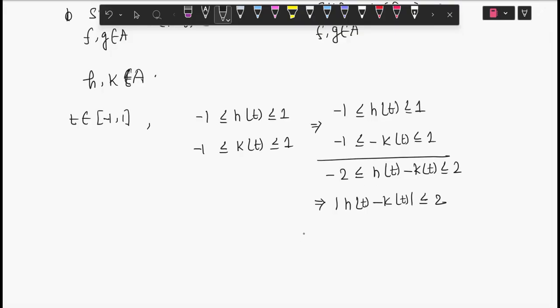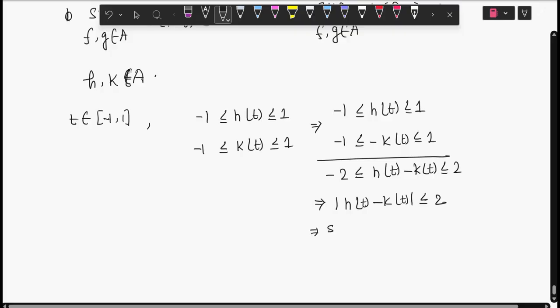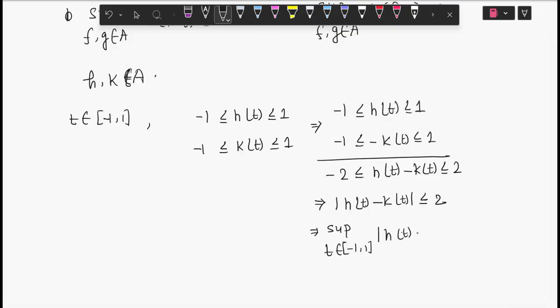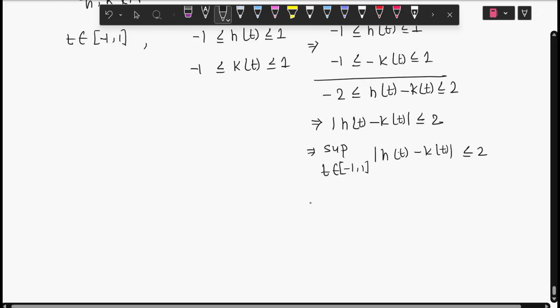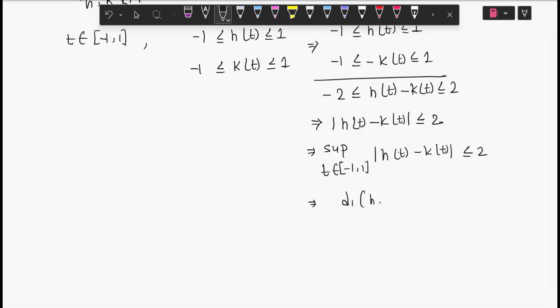Now if we take the supremum of t belongs to -1 1, h of t minus k of t, that is also then less or equals to 2. So हम लोग क्या बोल सकते हैं, that d1 of hk is less or equals to 2, and that is valid for all hk belongs to A.